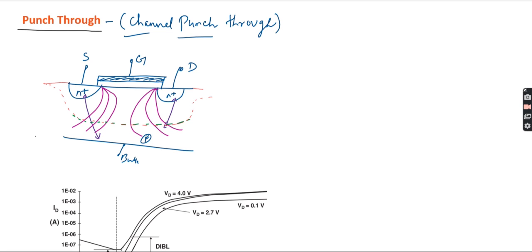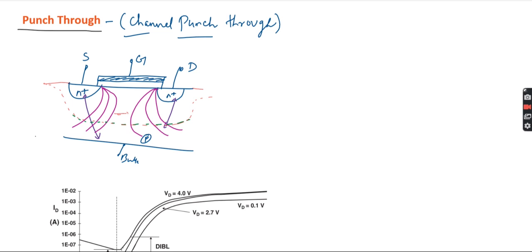It will be extended into the channel. But if you keep the doping constant while the channel length is reduced, then the separation between the depletion region boundaries will reduce. This one will get reduced.